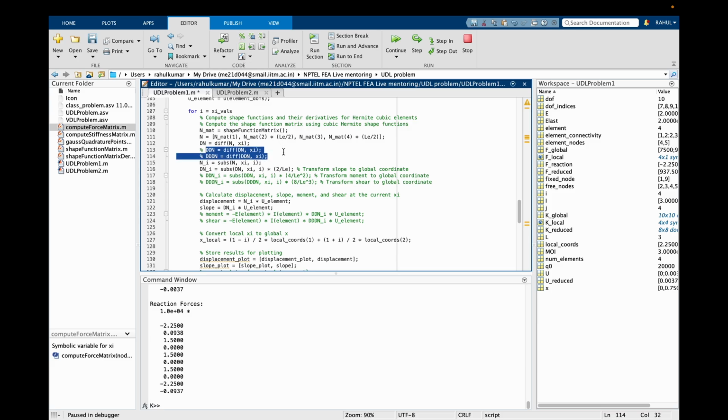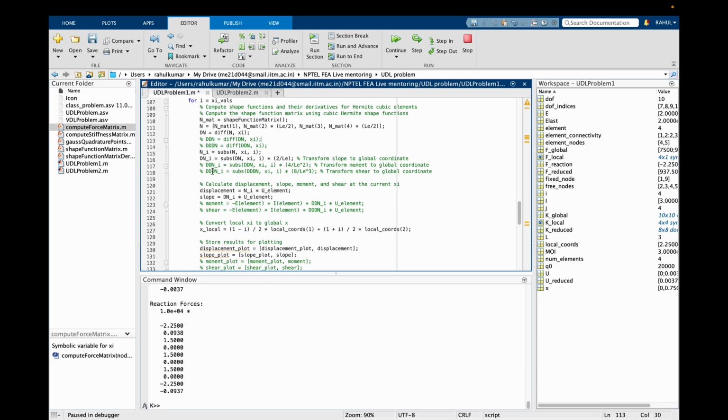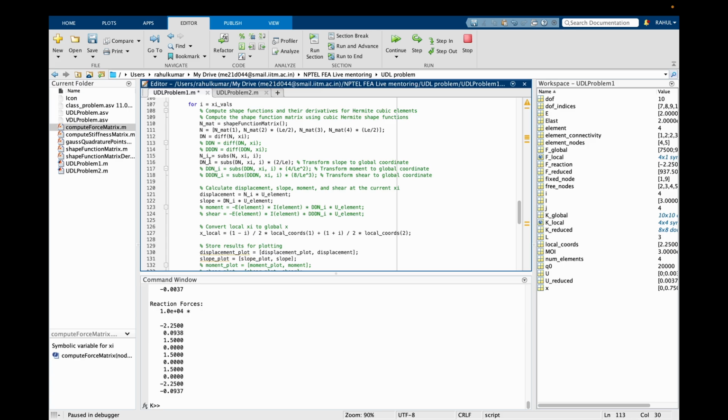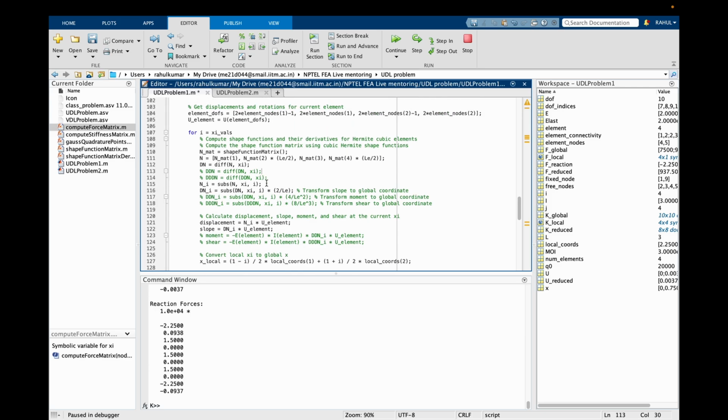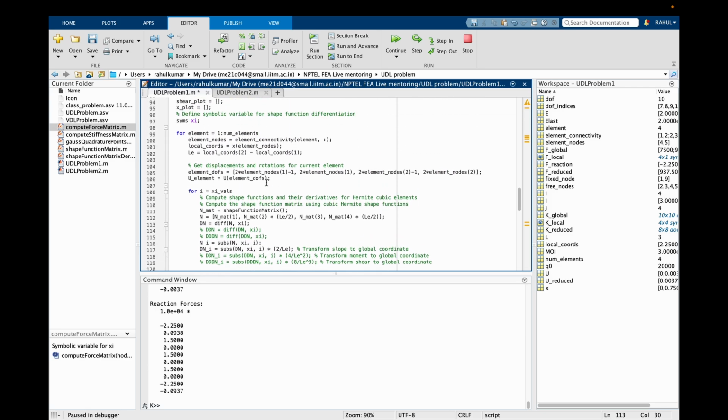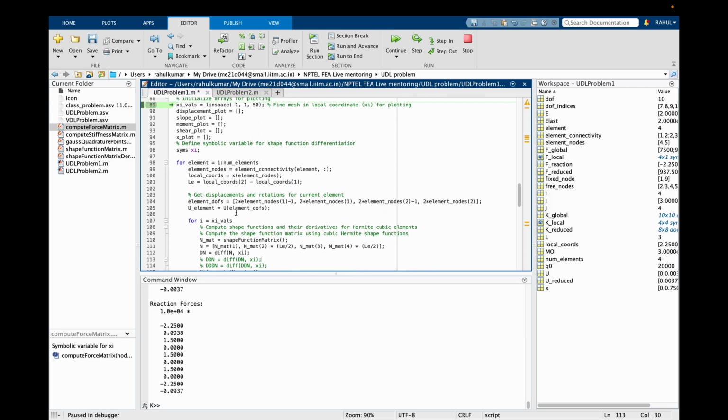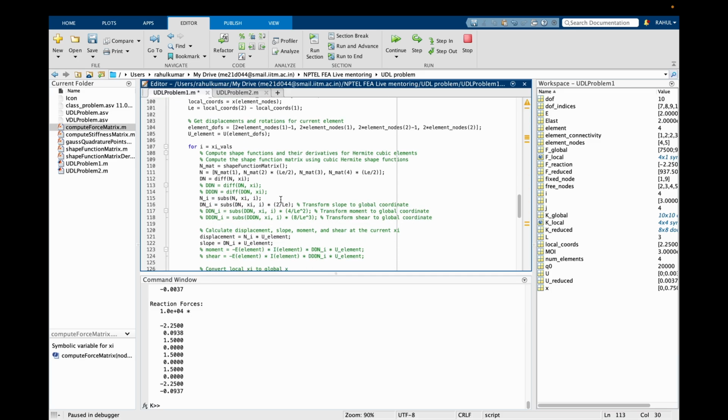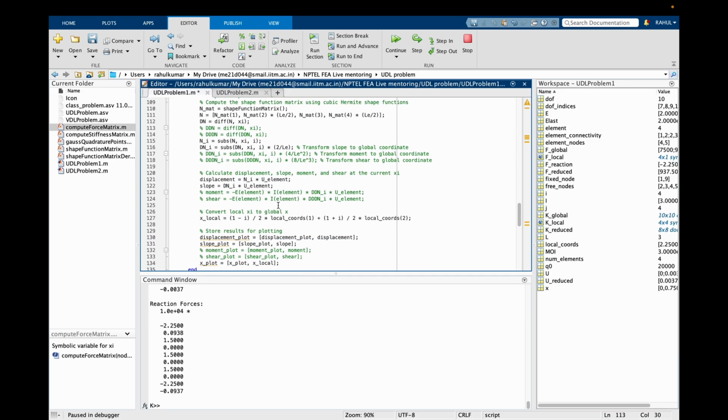And this is the Ni. What is Ni? Ni is nothing but the n value, but at different xi values. There are 50 xi values because the loop is running for 50 such xi values. Then it will find the displacement. What is the displacement? n into u.